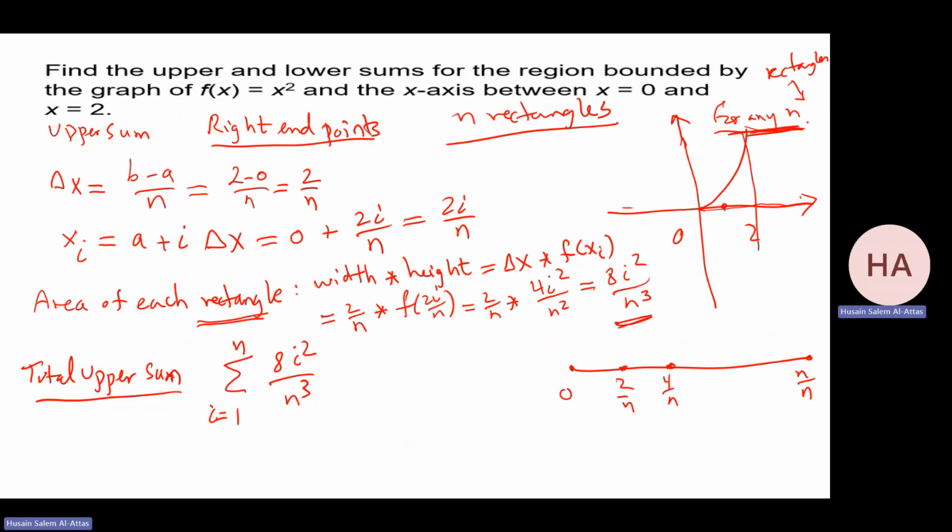Now 8 over n cube is not related to i, so I can take it outside. And this will be summation i equal 1 to n of i square.